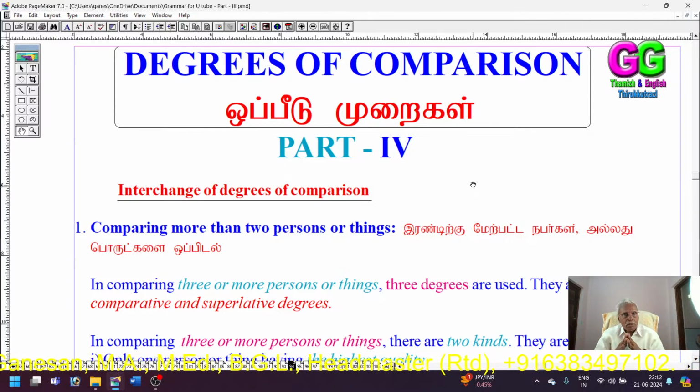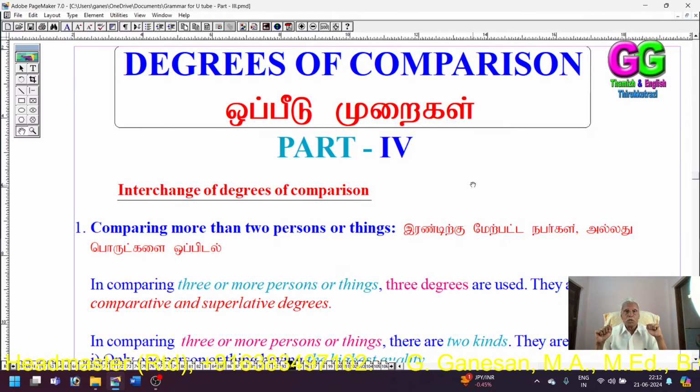In comparing three or more persons, there are two kinds of comparison. In one, out of three or more persons or things, only one has the highest quality. And what are the rules we have to follow? That we saw in the last class.